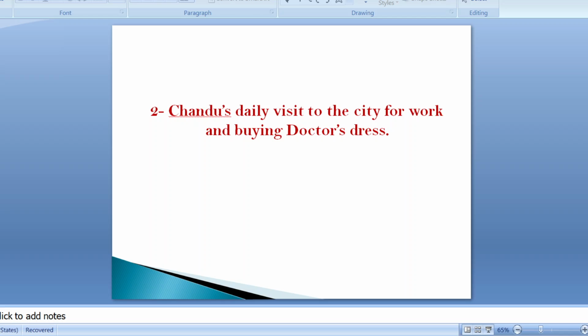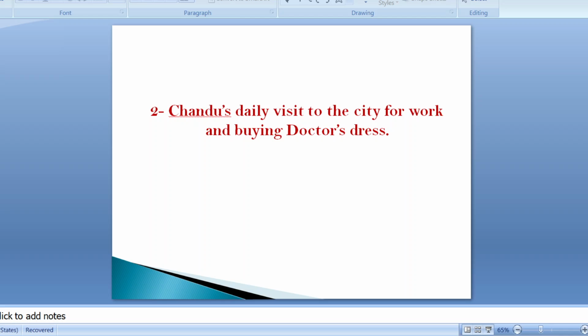As we came to know, Chandu not only served the village people, but he also went to the city to earn more money. And what happened in the city? Just have a look. As previously discussed, Chandu used to go to the town and shave the people there. Thus he earned more money.